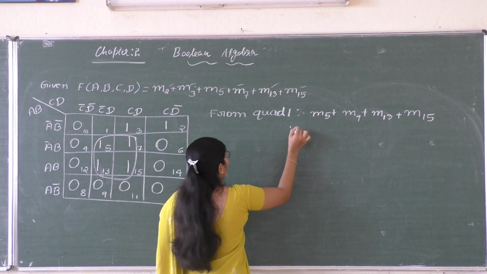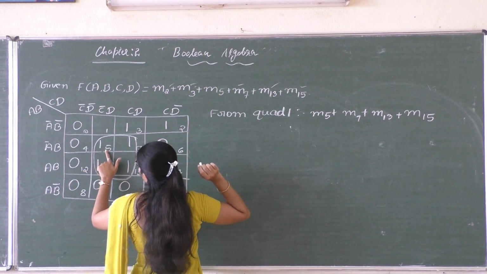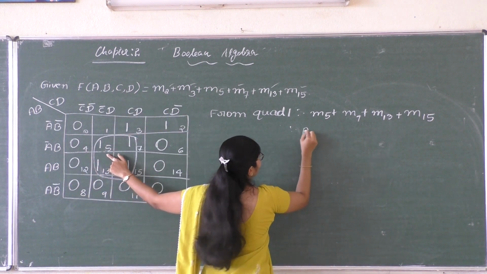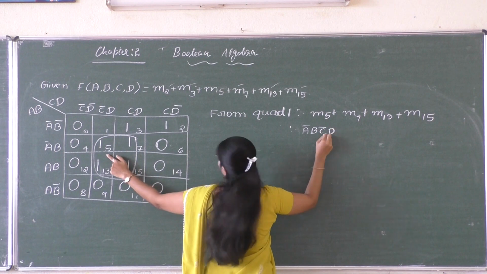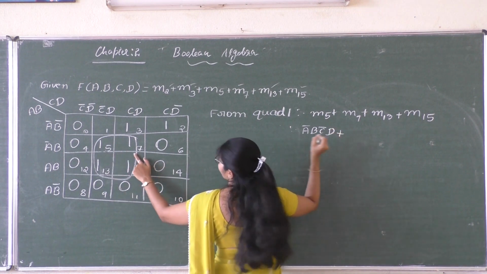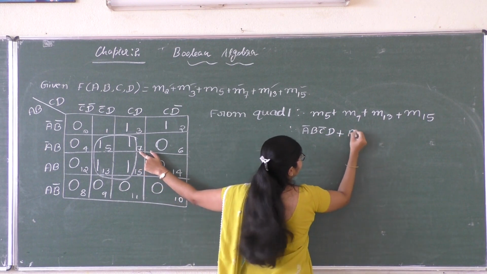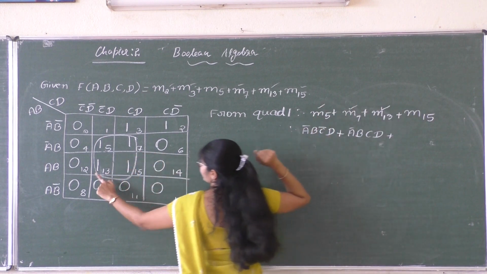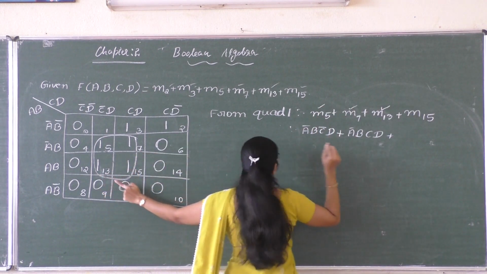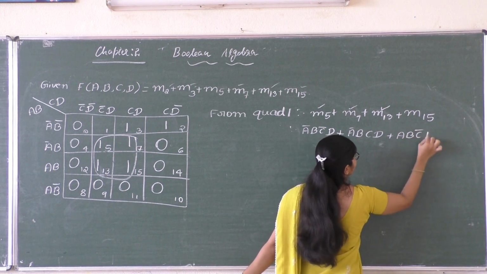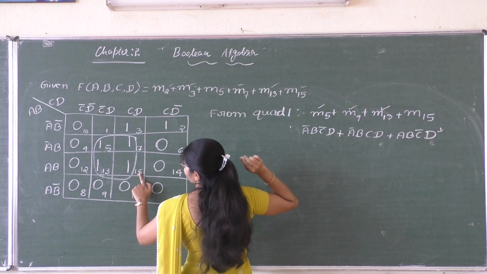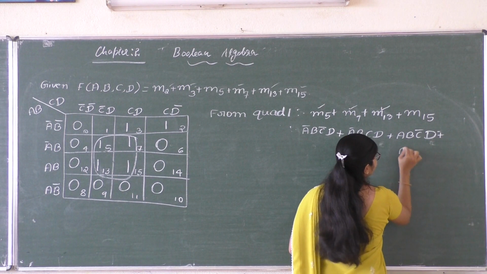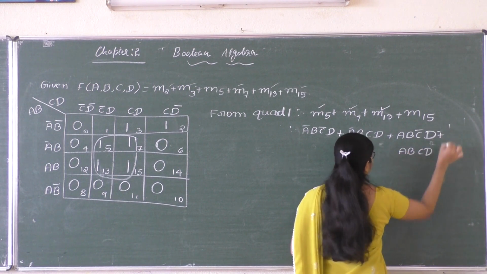Now the minterm of the fifth square is A bar B C bar D, plus the minterm of the seventh square A bar B C D, plus the minterm of the 13th square A B C bar D, plus the minterm of the 15th square A B C D.